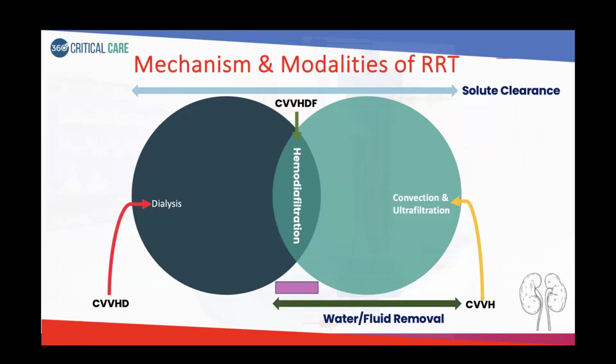Okay, suppose somebody has a very high electrolyte abnormality, calcium, hyperkalemia. In that case, you'll probably look for more of a removal of a solute, which is the culprit solute, whether it is a calcium, whether it is potassium. In those cases, you probably predominantly aim for a diffusion to take them out as quickly as possible, because diffusion is simple.